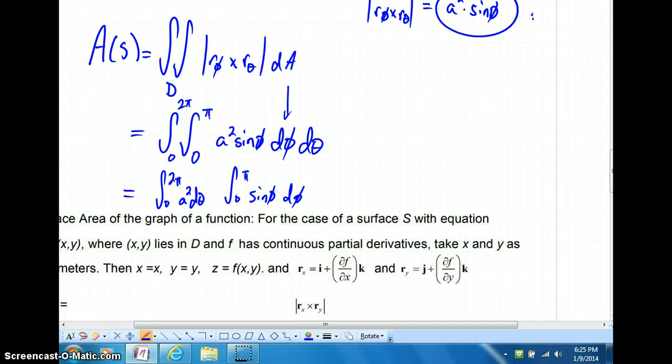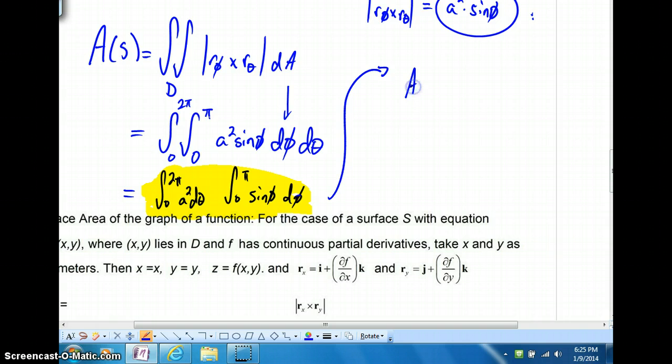You can see we're almost done. We've arrived at this double integral, but of course we can separate it into two distinct integrals, one in terms of theta, the other in terms of phi.